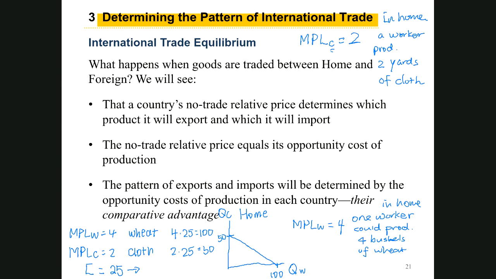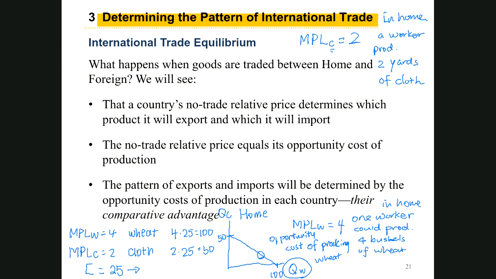So the next question is, what is the meaning of the slope of the PPF? The slope means the opportunity cost of the horizontal good. Here it's the opportunity cost of producing wheat.